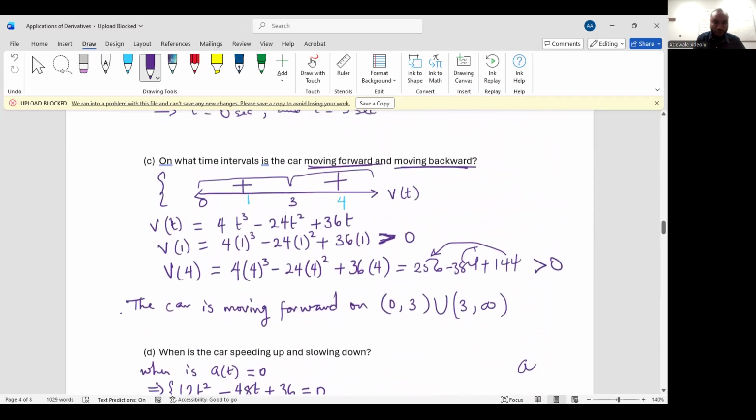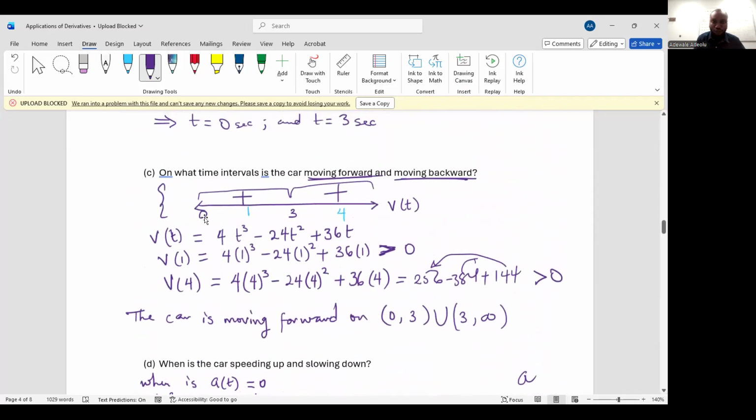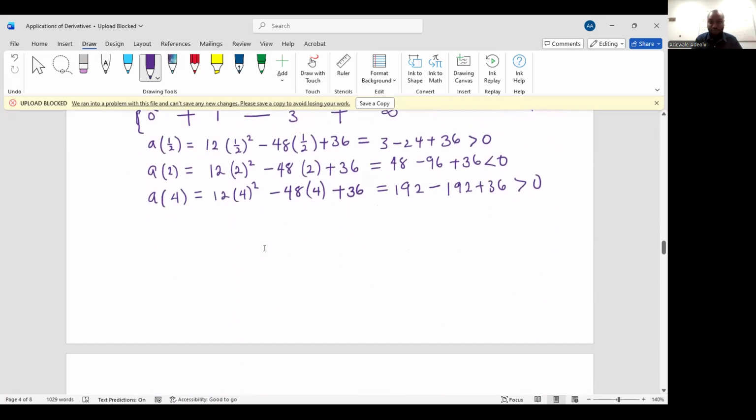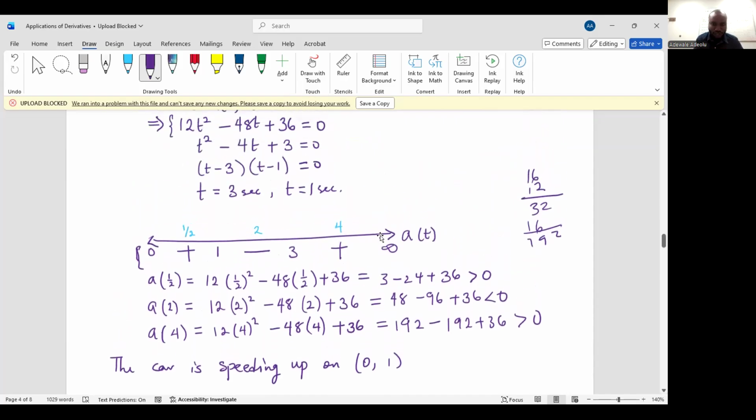Now, the velocity from 0 to 1, here is 0 to 3, but I have 1 within that interval, so it is positive, meaning they are in the same direction. So I can say the car is speeding up on 0 to 1. I'm sure of that. Let us go. From 1 to 3, it is negative.